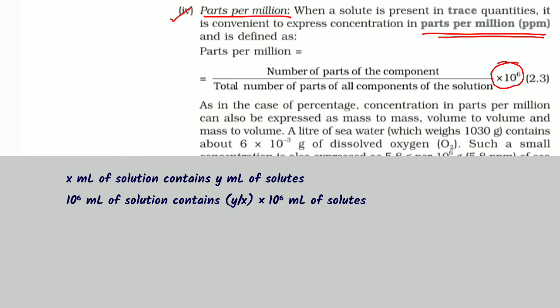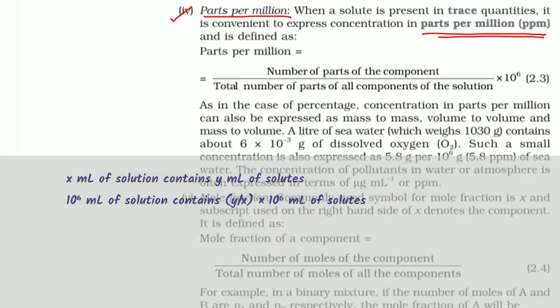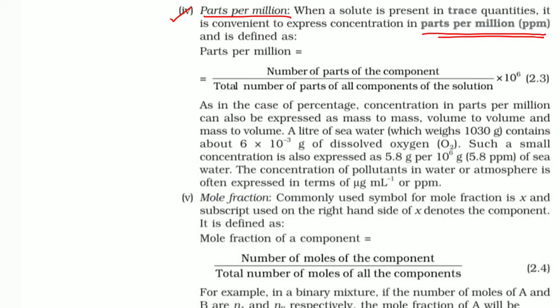Understand? We use this way of expression mainly in very dilute solutions, because in a very dilute solution the amount of solute present will be very small. It is very difficult for us to represent such a very minute amount of solute.